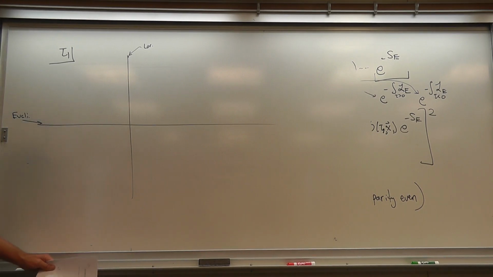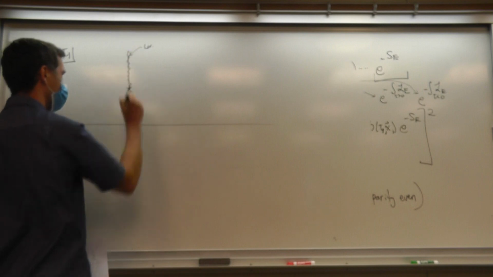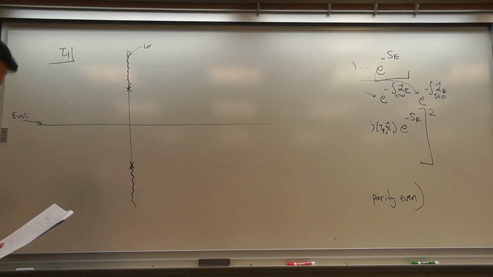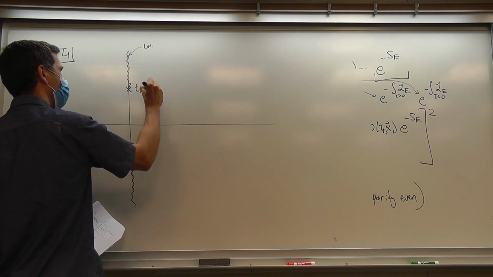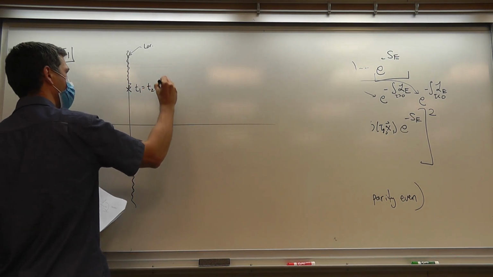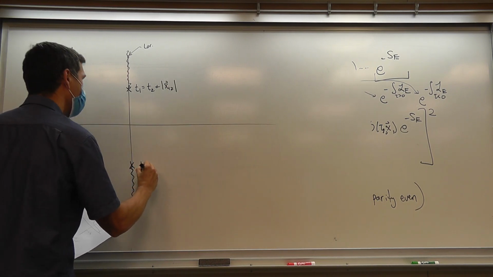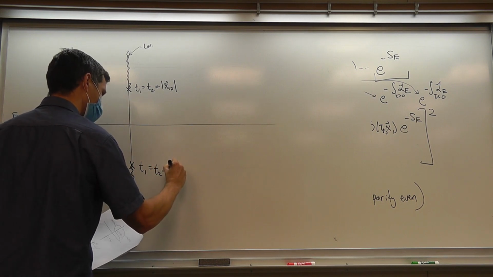And the branch cut we just described looks like this. There's a corresponding one on the bottom. The branch point starts at t1 equal to t2 plus mod x12. And this one starts at t1 equal to t2 minus mod x12.